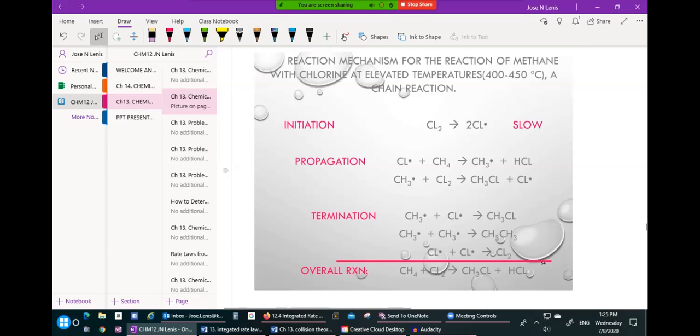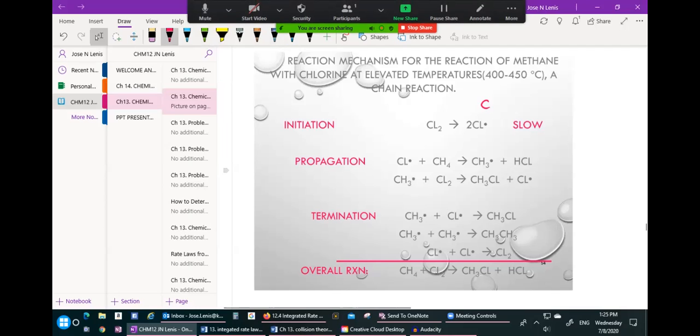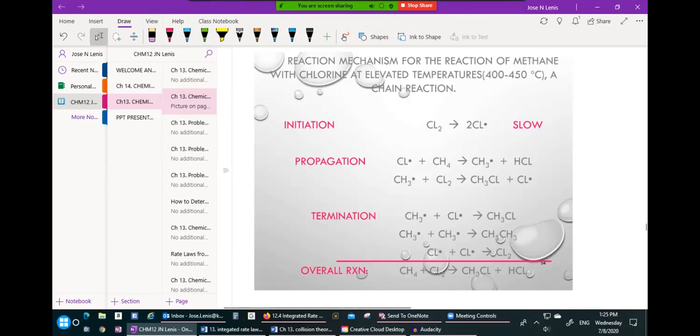We can represent this step as follows. So we have chlorine, Cl2, like that, where this line represents a covalent bond between the two chlorine atoms.